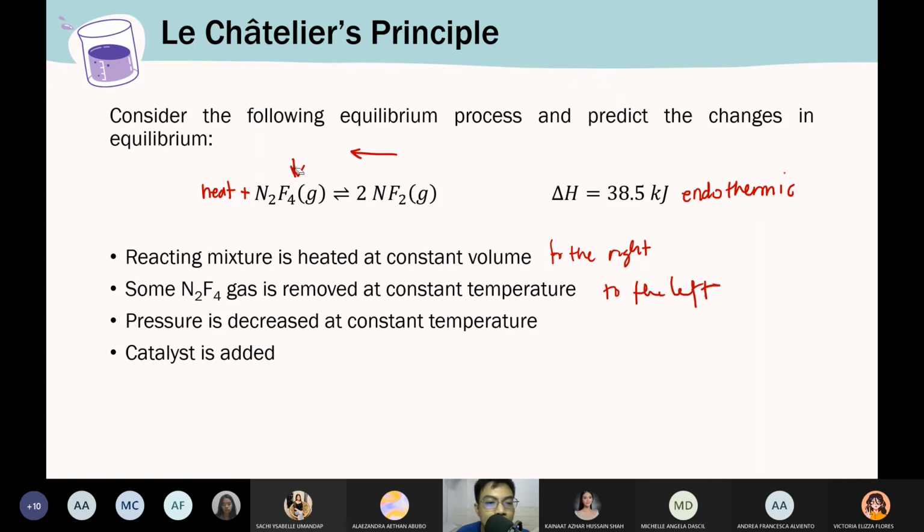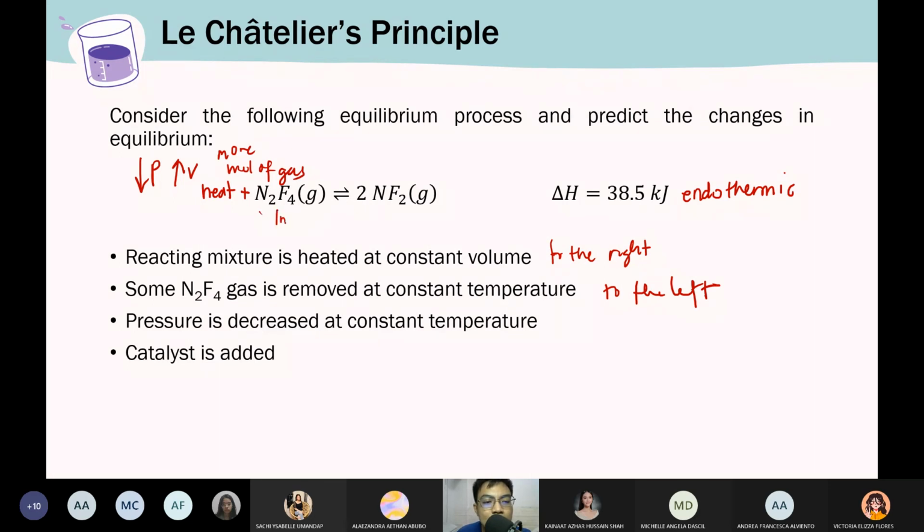Okay? And the next one, pressure is decreased at a constant temperature. When you decrease the pressure or increase the volume, what is favored? The more moles of gases. So sino yung mas maraming moles of gas?